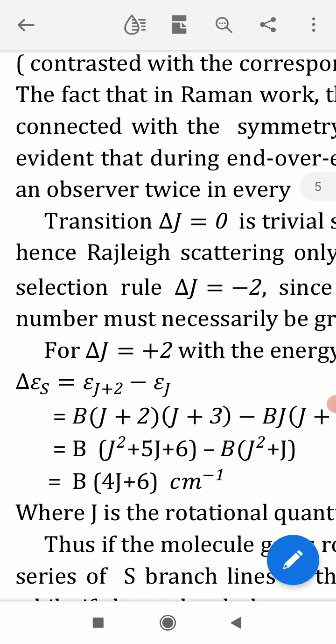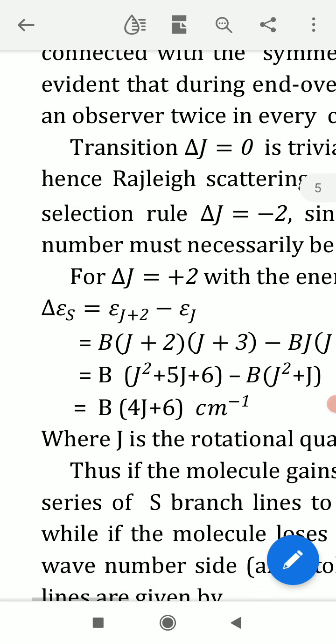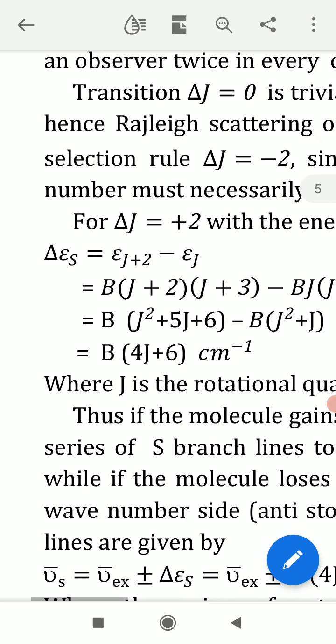This change in energy delta E is E j plus 2 minus Ej, and we write delta E S. The spectral lines obtained by such transition is termed as S branch lines.